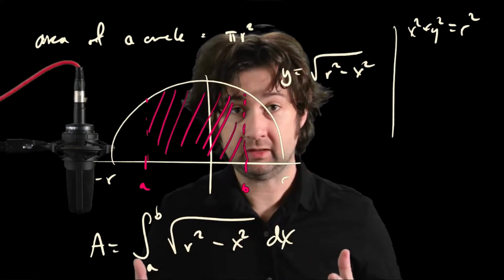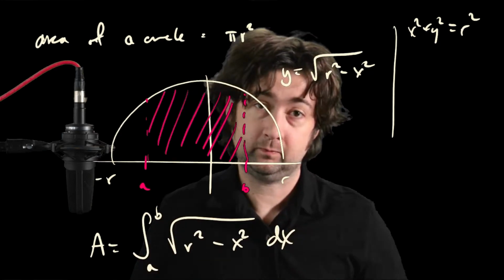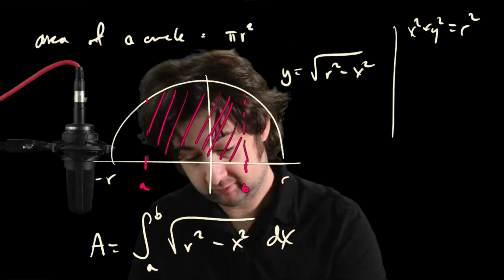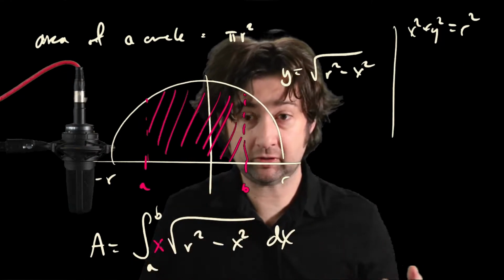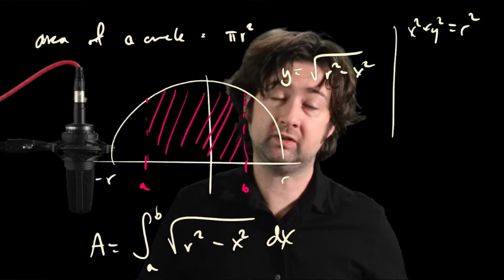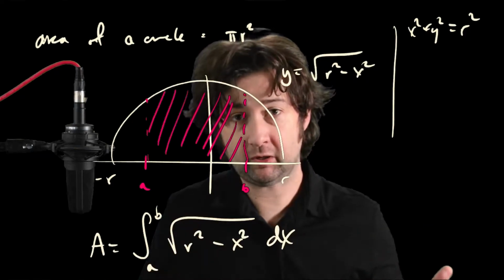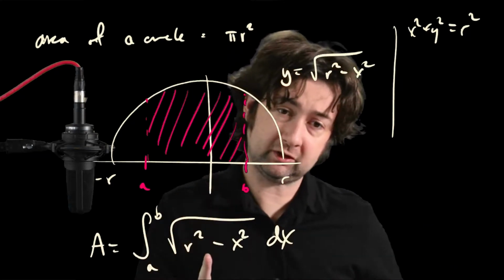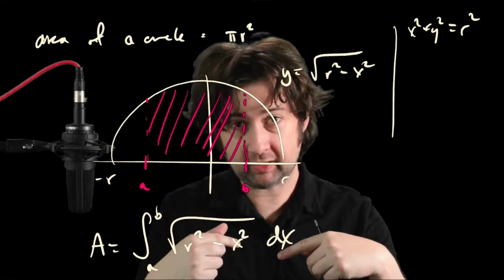The problem is, none of the techniques that we have available to us right now will let us do this. If there was an x right here, then we'd be okay because we could use a u substitution. But there's not an x. So what are we going to do instead? We can't use, say, integration by parts, because if I take the derivative of this, I end up with a fraction that has that in the bottom.